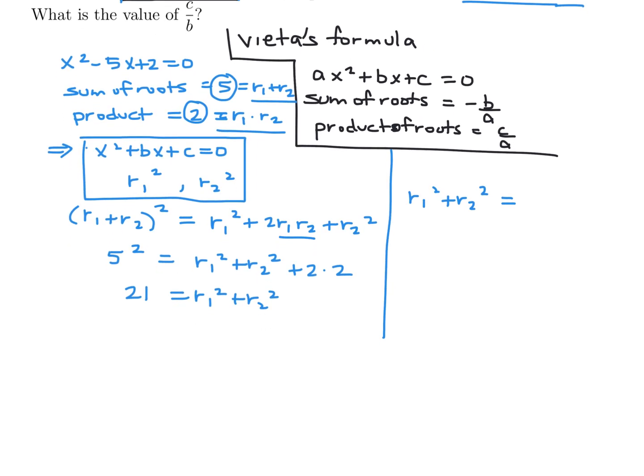This is just 1. So that would just be minus b over 1. And then the product of these roots, r1 squared times r2 squared, would be c over a, so c over 1.